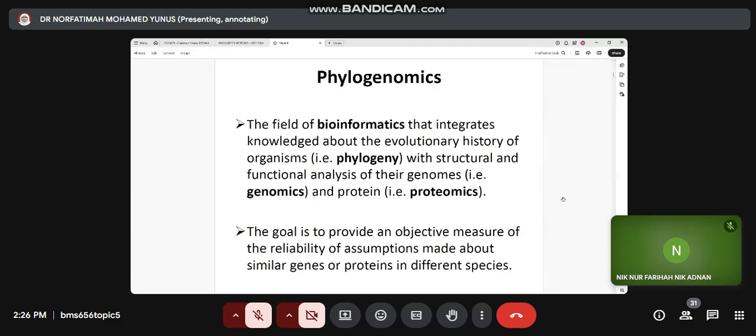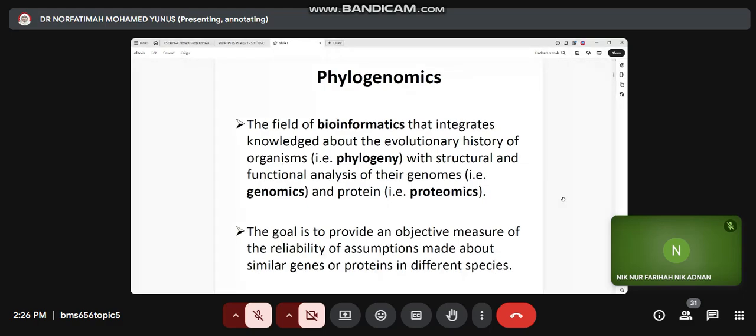For example, I think you are quite familiar now with 16S. 16S we use that region for bacteria. CO1, COX1 or cytochrome oxidase 1, we use that for eukaryotes.